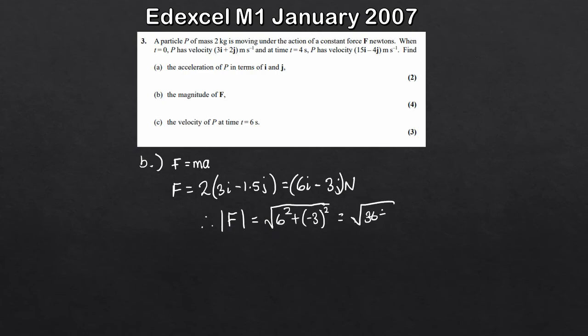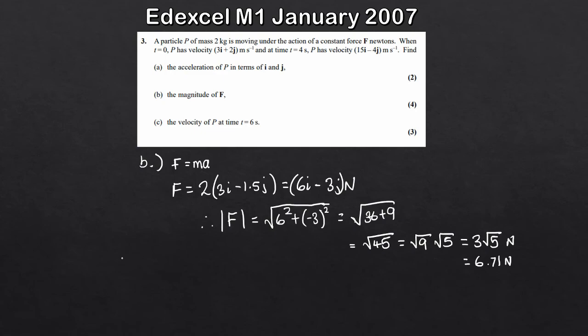This will give us 9. So 36 plus 9 is 45. This is root 45, and we can simplify this. This would be root 9 times root 5, and then 3 root 5. So this would be 3 root 5 newtons, or if we give it as a decimal as well, that would be 6.71 newtons there. Okay, so that's part B done.